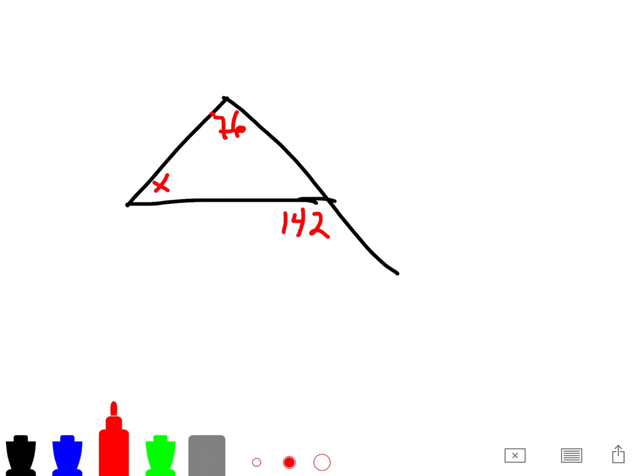So let's go ahead and write our theorem out in algebraic form. The hardest part of geometry is always going from the geometry to the algebra. So the external angle is always equal to the two furthest internal angles.